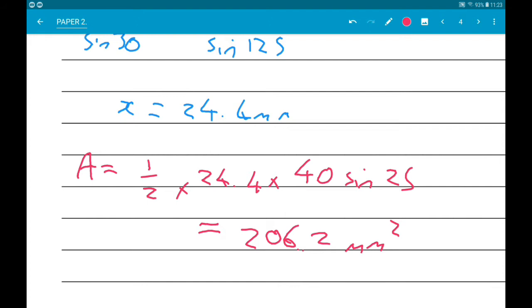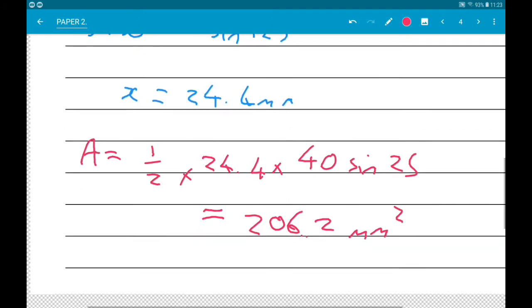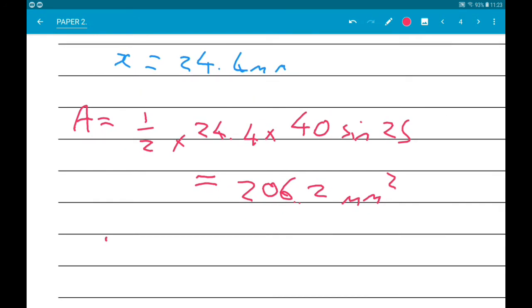So then the volume is 300 millimeters times 206.2 millimeters squared.